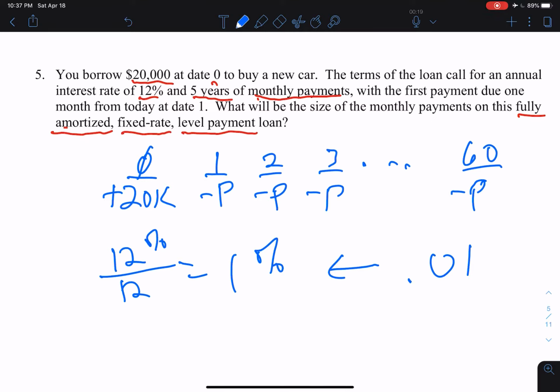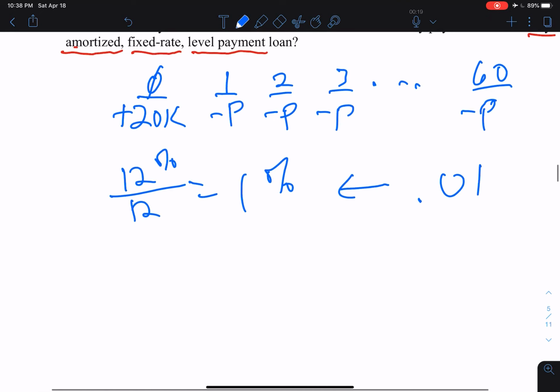So again, if it's a 12% 5-year loan, in order to solve it correctly, the monthly rate is 1% and the number of payments is 60. Can't forget that.